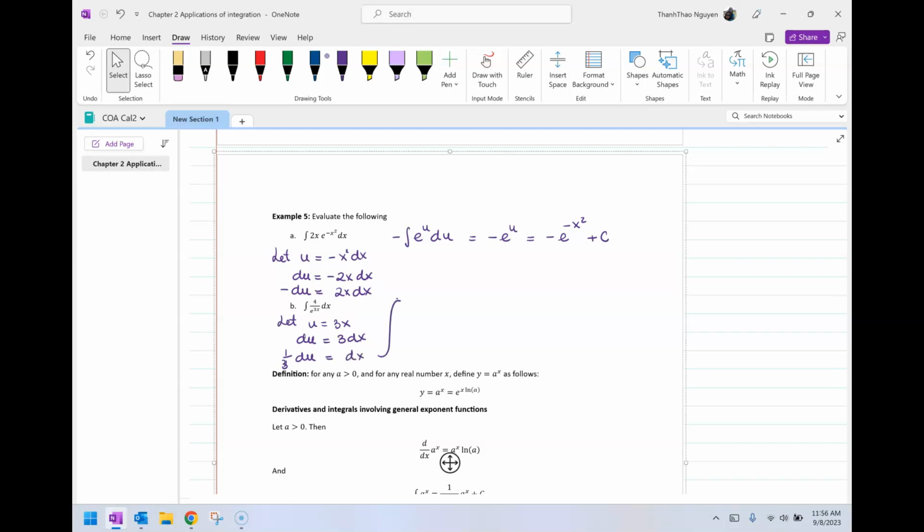So 4 dx has to equal 4/3 du. I can rewrite my integral as 4/3 times 1 over e to the u du.